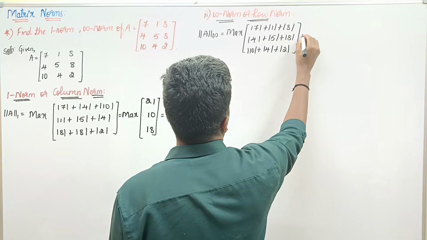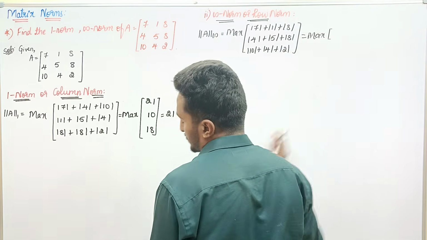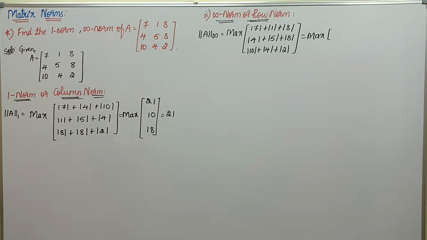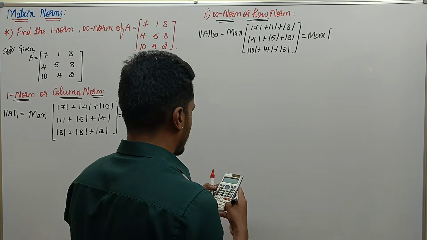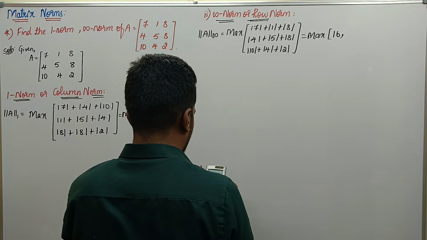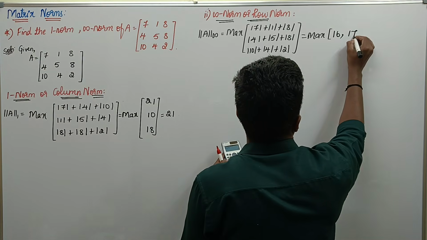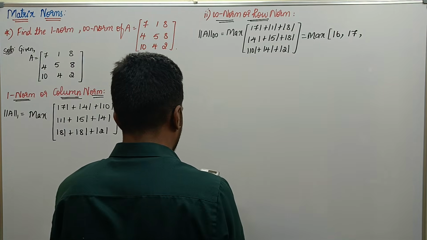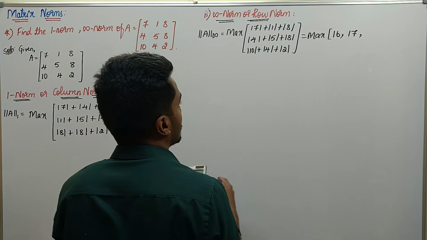Use the calculator so that there will be no silly mistakes. Since I am going to represent rows, I am going to represent it in the row form. 7 plus 1 plus 8, you get 16, comma, next 4 plus 5 plus 8, you get 17. Next, the last we have 10 plus 4 plus 2, you get 16.